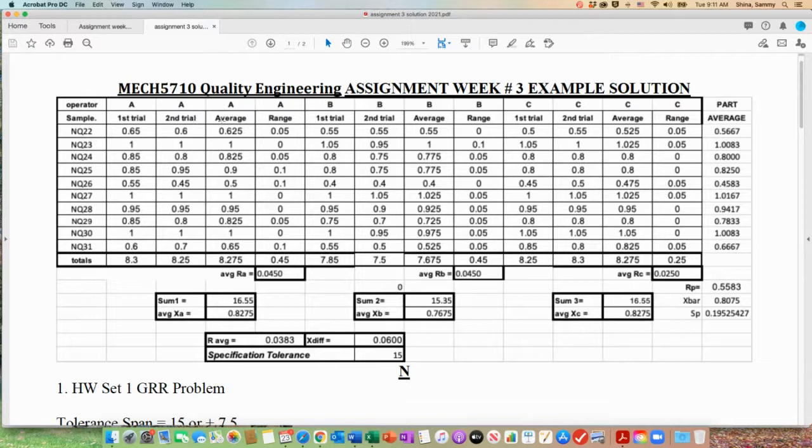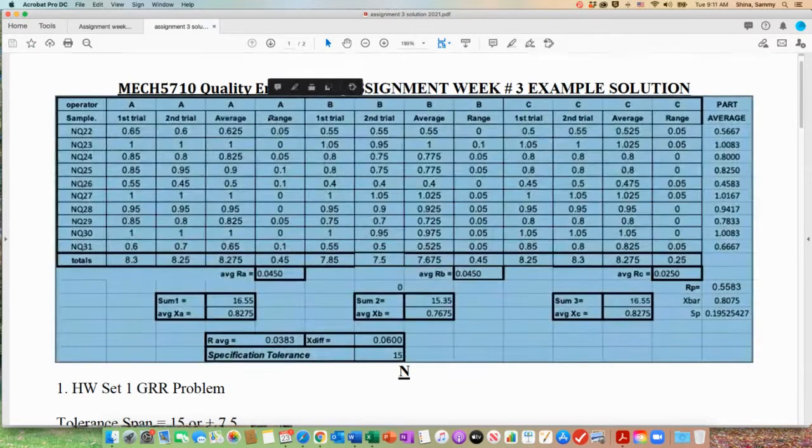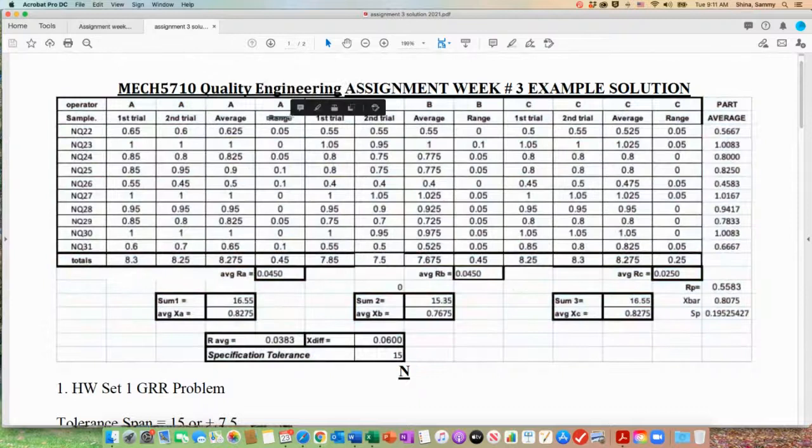We provide an average for each operator and a range for each part. So operator A measures 10 parts twice, so operator A makes 20 measurements. Operator B makes another 20 measurements on the same 10 parts, and operator C makes another 20 measurements on the same 10 parts. 10 parts repeated twice by each operator.